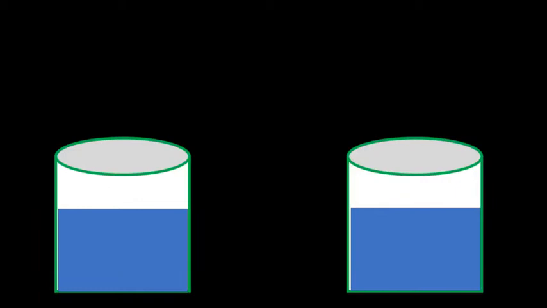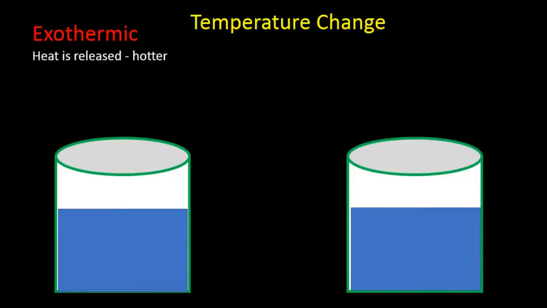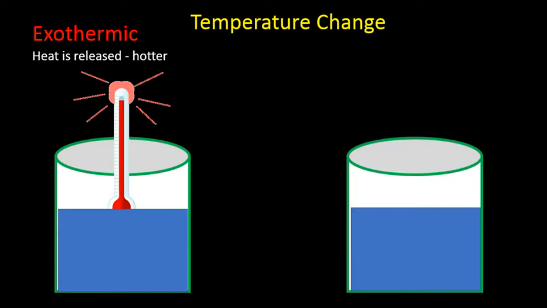Next is temperature change. And so oftentimes when there's a chemical reaction, the mixture itself will become hotter or colder. And so here, if it is an exothermic reaction, then heat is released and the substance becomes hotter. So you can see the thermometer here.